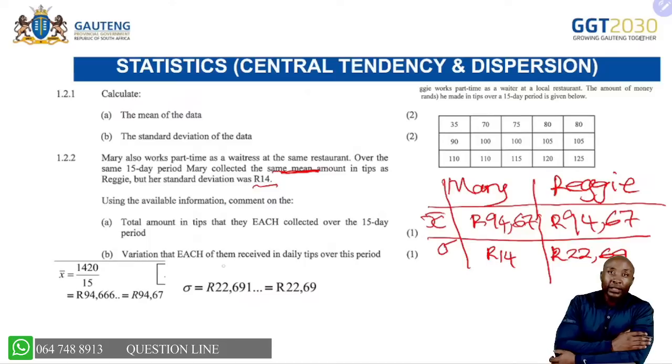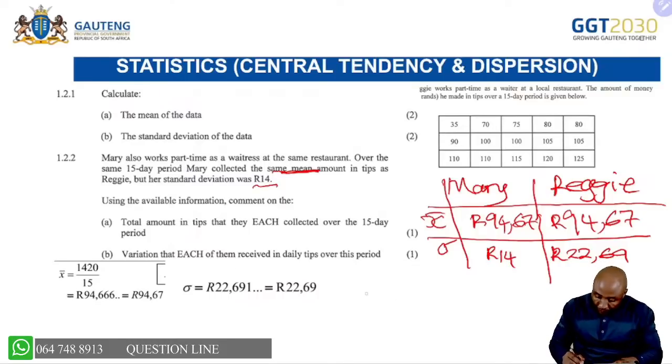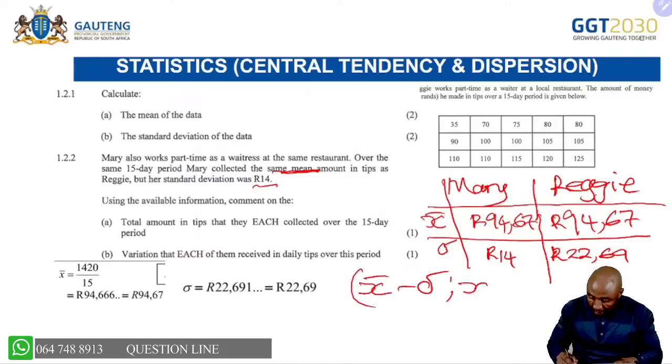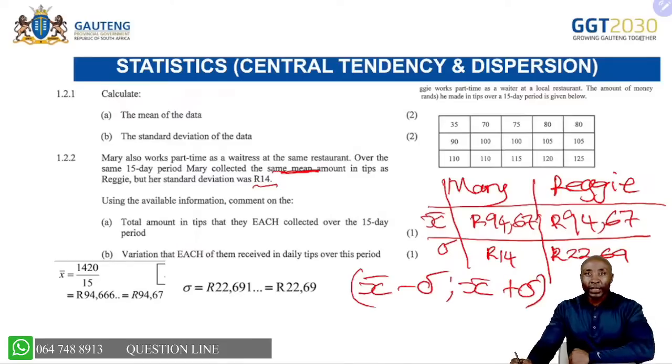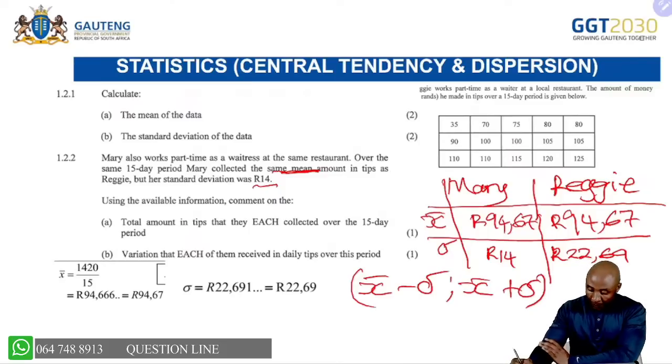For Mary, we are not given information about the tips for each of the given 15 days, but we are given information about standard deviation. I hope you remember this x bar minus s, x bar plus s. We know this interval where we want to find out the number of days where the tips collected will fall within one standard deviation, within two standard deviations. It helps us in scenarios like this.